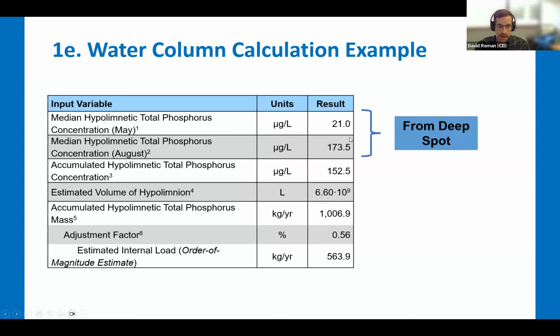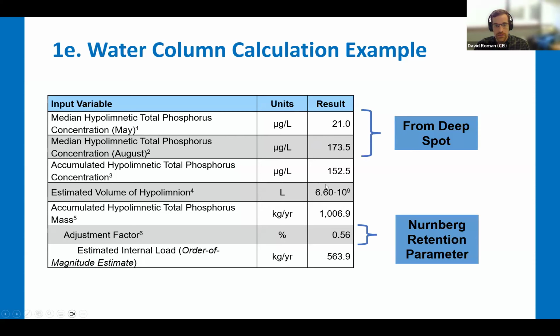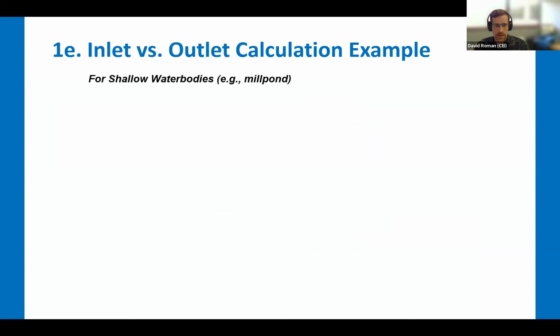So you can use that figure and then do some math to figure out what the accumulated phosphorus concentration is, how big the hypolimnion is, and come up with an estimated internal load. That's probably the most complicated way to do it. There's certainly easier ways to do it.